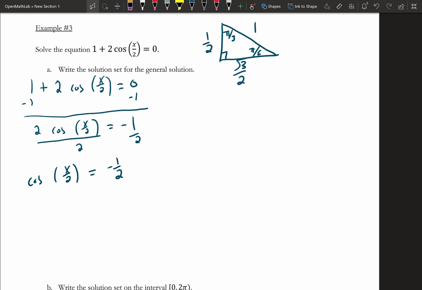So then, if I want cosine to equal negative a half, cosine would be the adjacent, right?